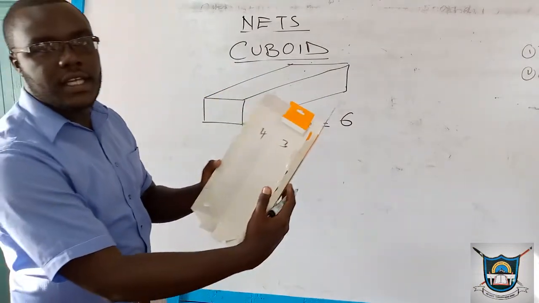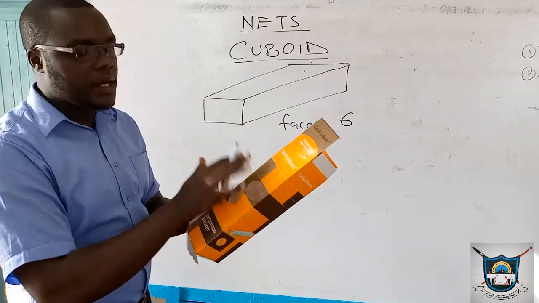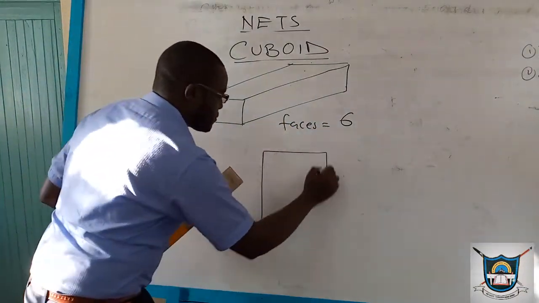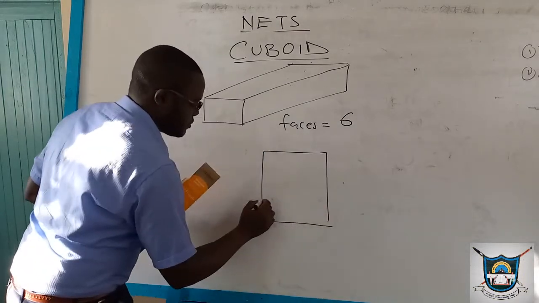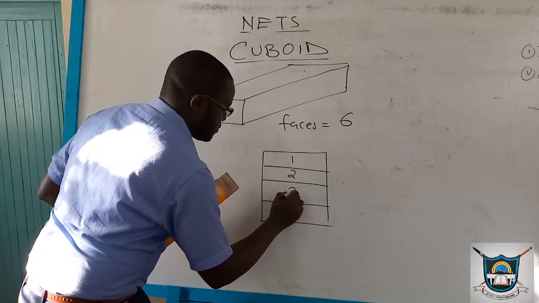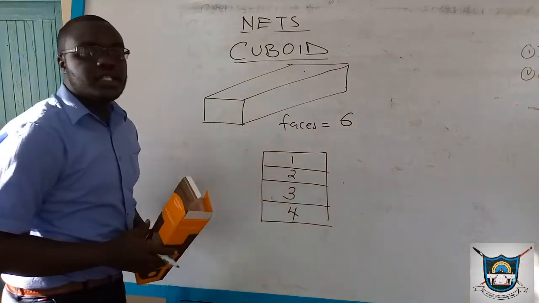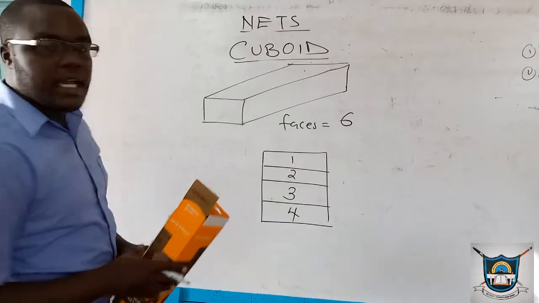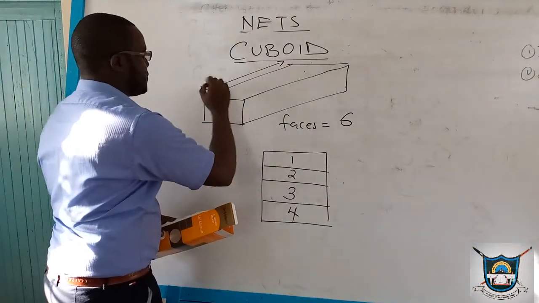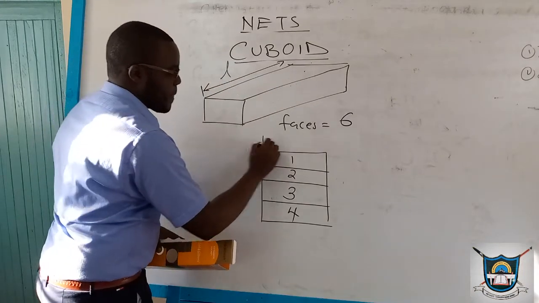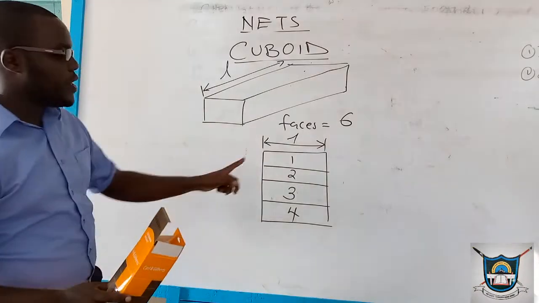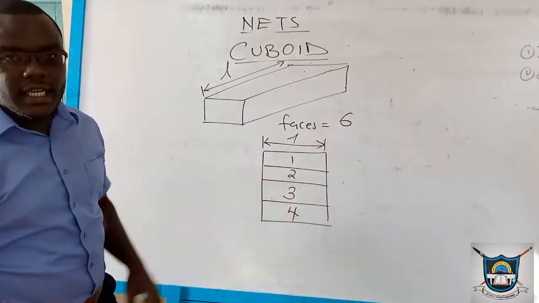Remember, these are the ones that are folded together to form the curved surface area. Those are my 4 faces, and I must make sure that the length of this cuboid corresponds with the length of the faces that I have drawn.